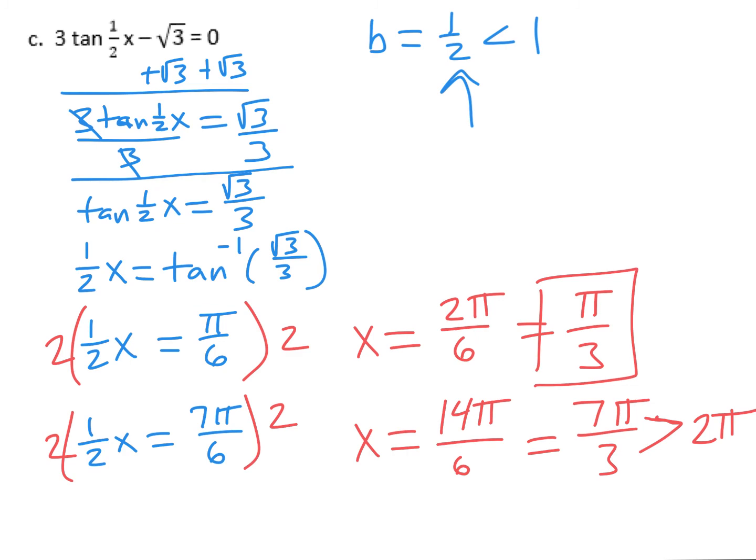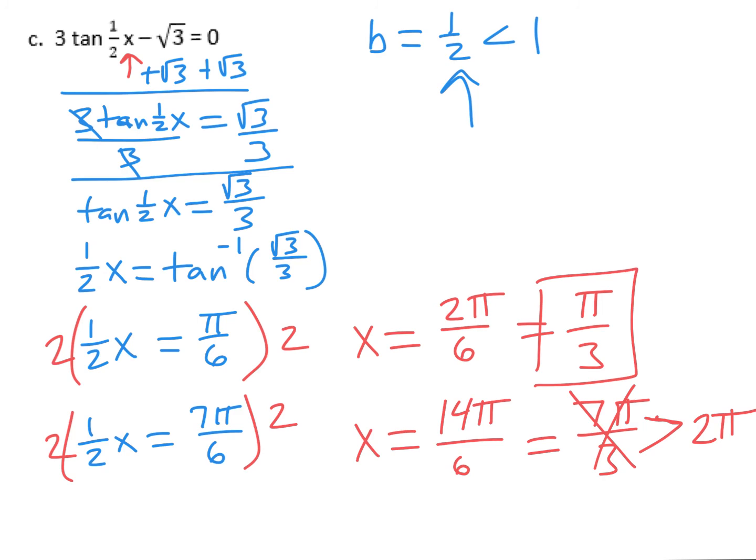If you plugged 7 pi over 3 into your original equation, multiplied it by 1/2, took its tangent, multiplied by 3, and subtracted the square root of 3, you're going to get 0. But we only give answers up to 2 pi. So I would expect you to recognize, wait a minute, that one is too big.